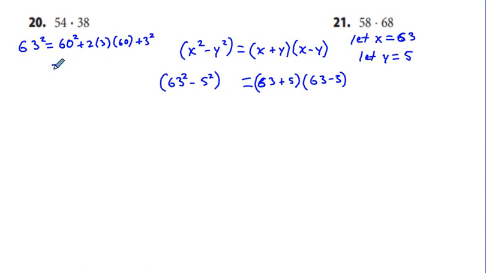So that's going to be equal to 3,600. And 2 times 3 is going to be 6. 6 times 60, that's going to be 360 plus 9. So 3,600 plus 360, that's going to be 3,969.